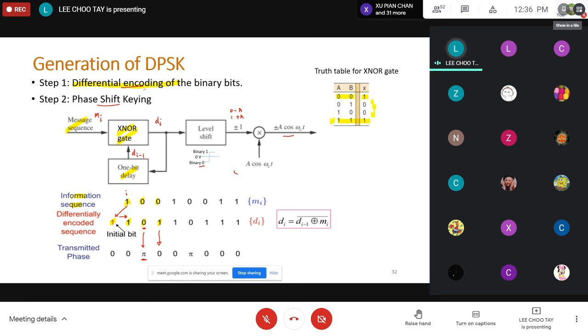The level shift is just to make sure that the amplitude of the signal has positive and negative values. We must make sure it's polar before we multiply. Okay, so that's for generation.